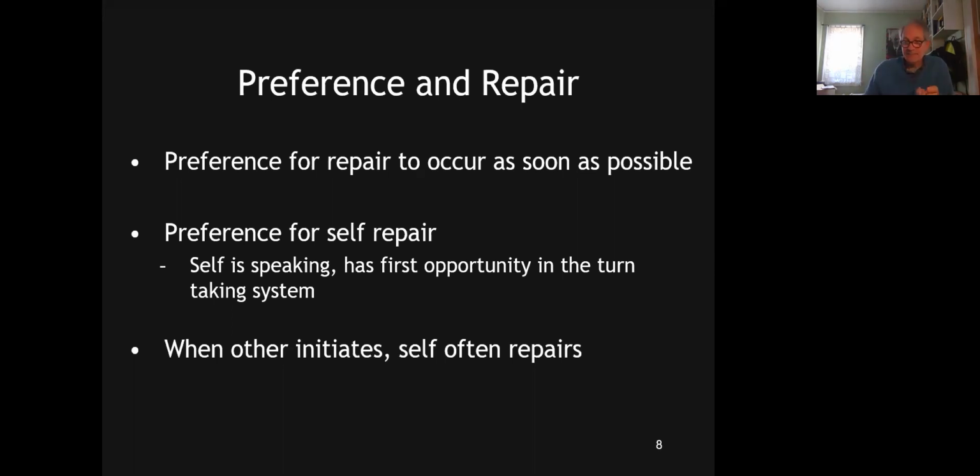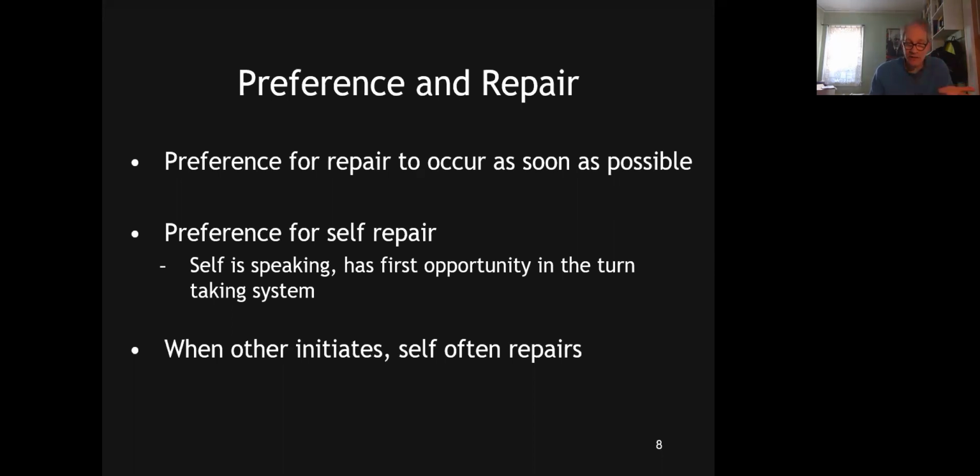Similarly with repair, there's a preference for the self, the person who produces the trouble source. The preference is for that person to do the repair. So preference doesn't mean that it has to happen that way. It's just that it usually happens that way.